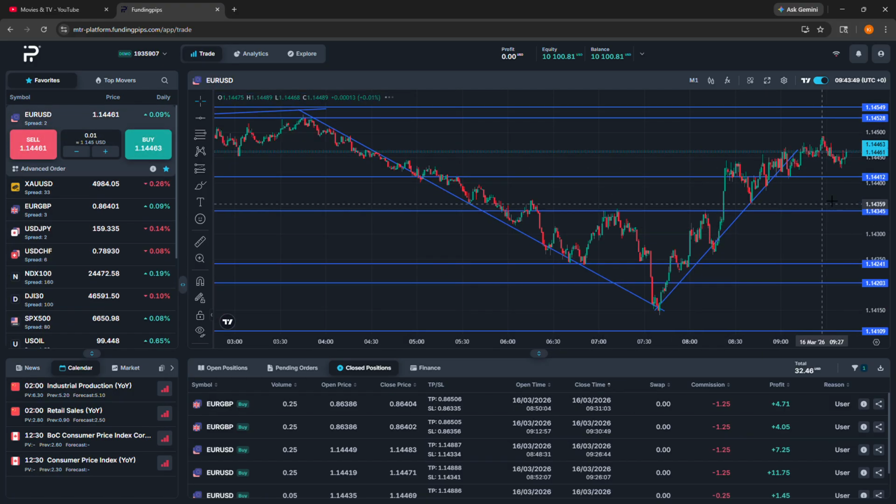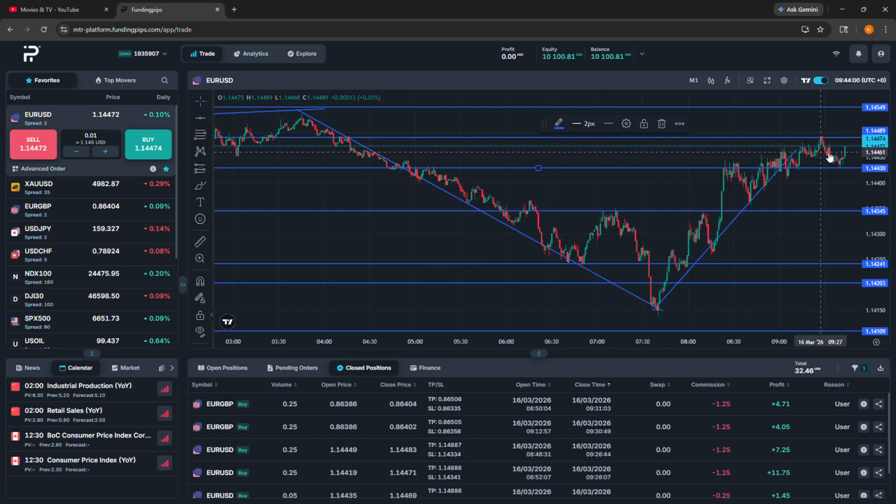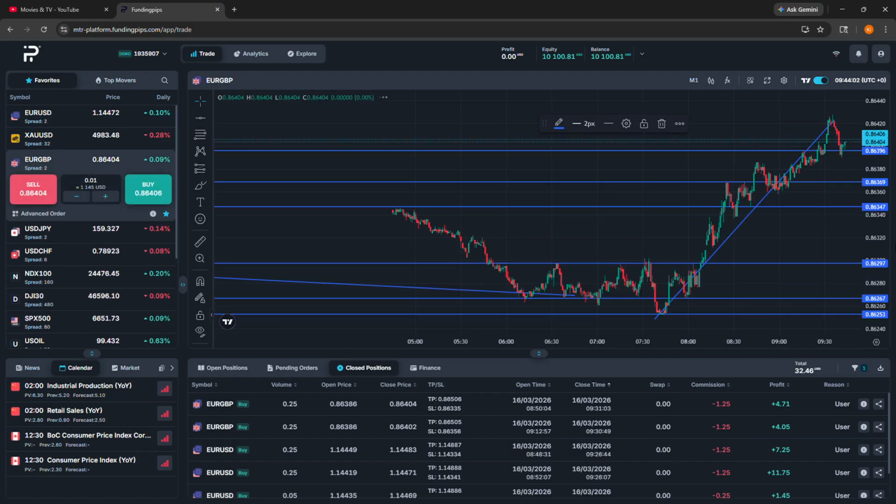See, this one's still the front side, but it's tapering. It's consolidating in this area right there, and same with this guy right there. Same with here.